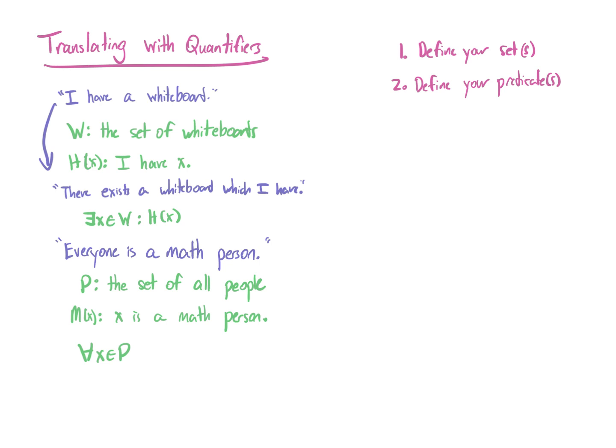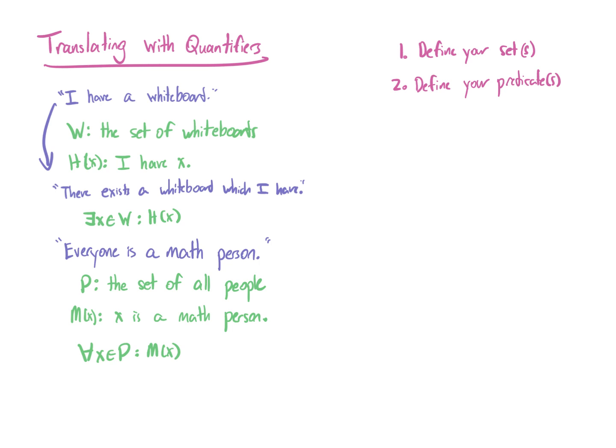Every element of the set of people makes this predicate true. For all X in the set of people, M of X is true. For all X in the set of people, X is a math person. This is a pretty roundabout way to say that every person is a math person.